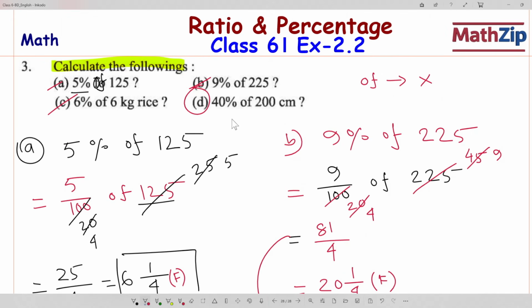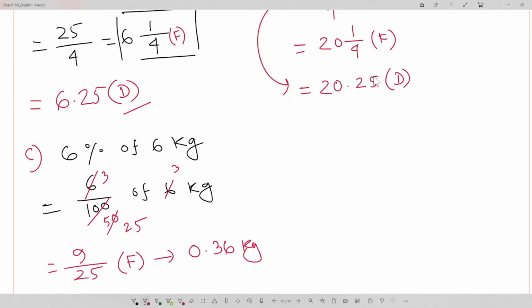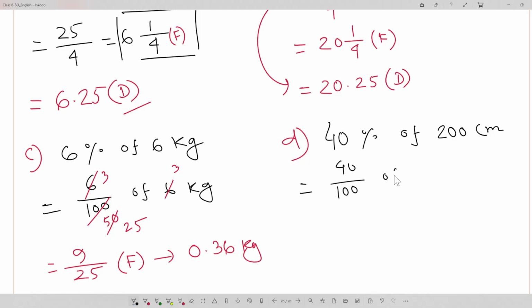Number D, 40% of 200 centimeter. So what will be the answer? As usual, 40% means 40 by 100 of 200, right? So 200 we can divide by 100, so it will be 1 here and 2 here.